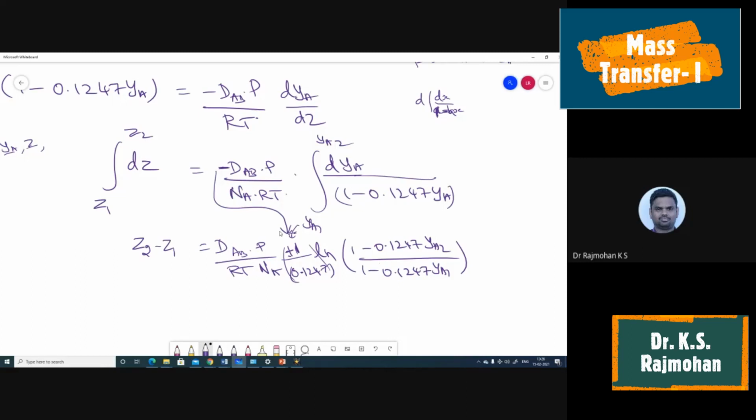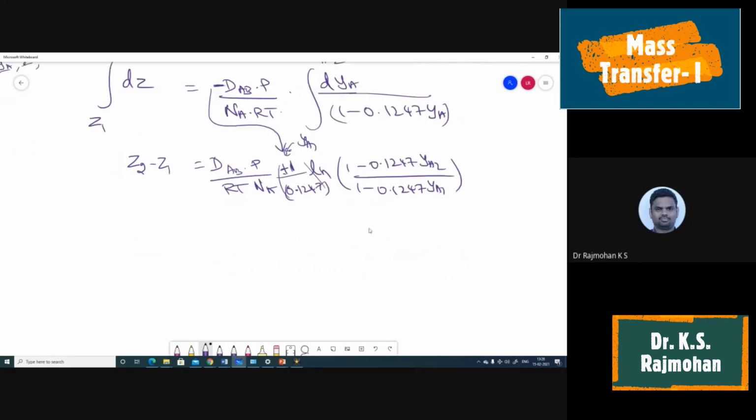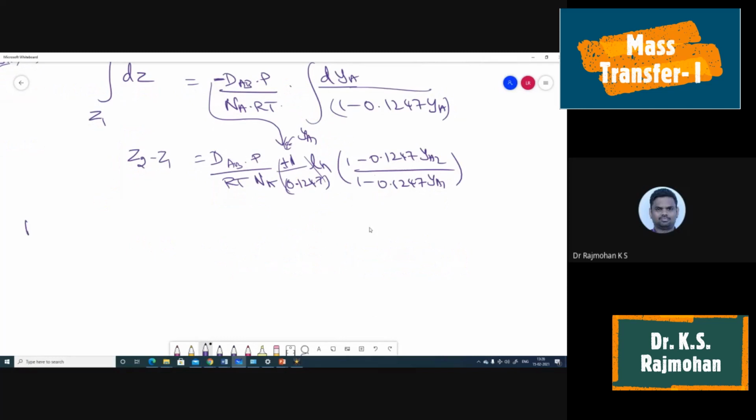So what is our NA term then? NA is equal to, it can be written as, P into DAB by Z, P by RT term, NA term taken to that side. So you have that value of 0.12. Is it 0.12 or 0.012? 0.12.